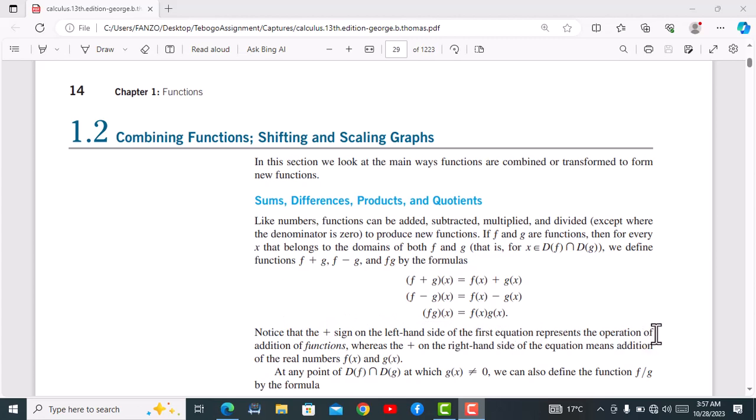Notice that the plus sign on the left hand side of the first equation represents the operation of addition of functions, whereas the plus sign on the right hand side of the equations means addition of the real numbers f at x and g at x.